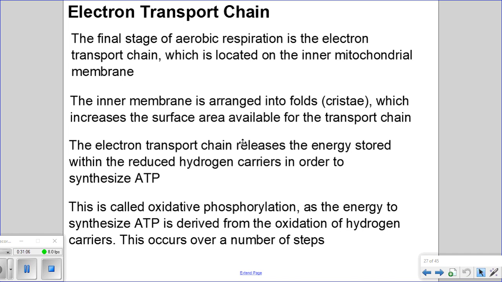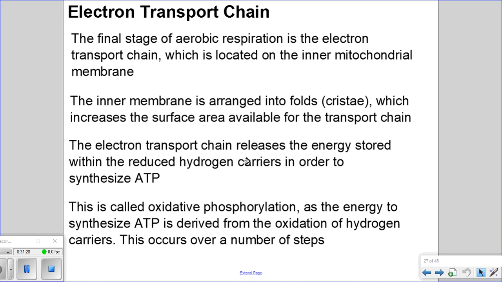The electron transport chain releases the energy stored within the reduced hydrogen carriers in order to synthesize ATP. Basically, what it's saying here is that those hydrogens and electrons within those carrier molecules get released, and as they are released, this is going to help synthesize ATP.